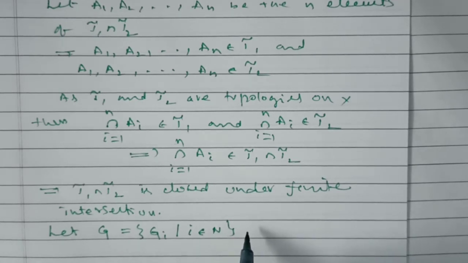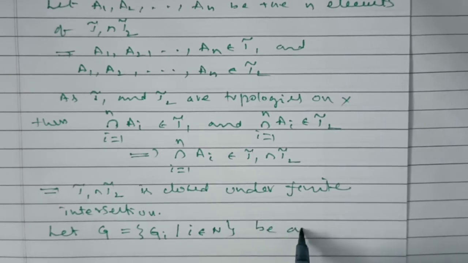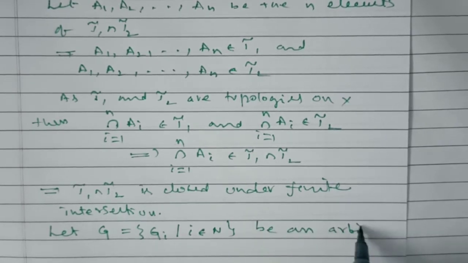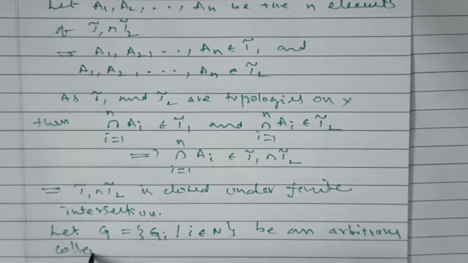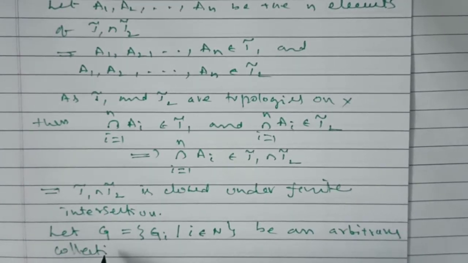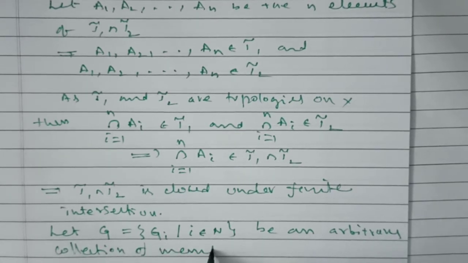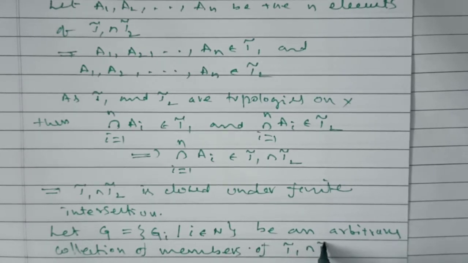Next, take an arbitrary collection of members of τ1 intersection τ2.